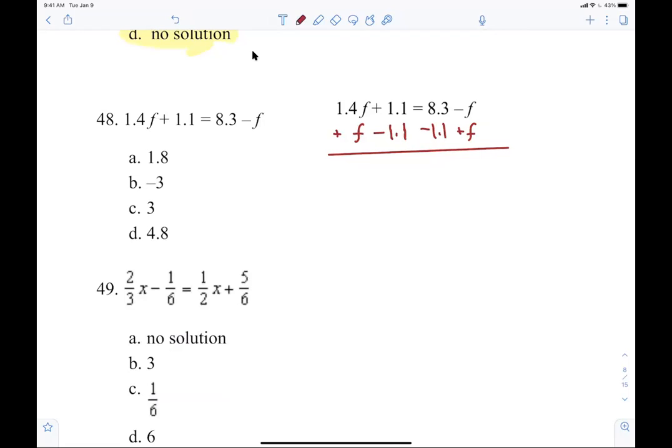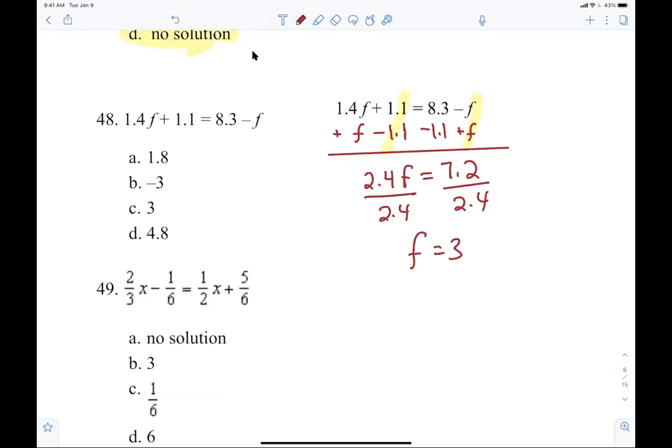Just 2.4f. Cross out. 8.3 minus 1.1. 7.2. Now we divide by 2.4. Just get 3. So f equals 3.